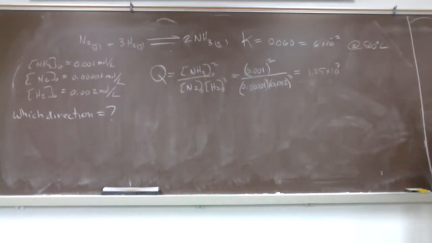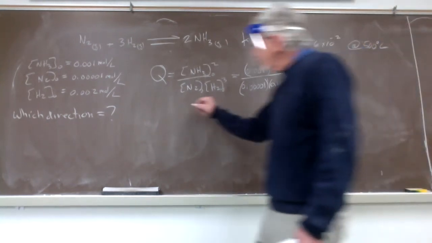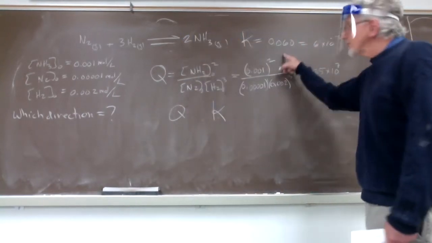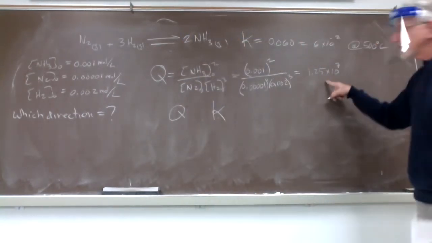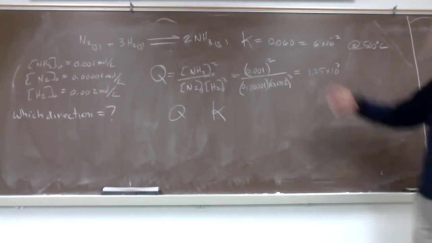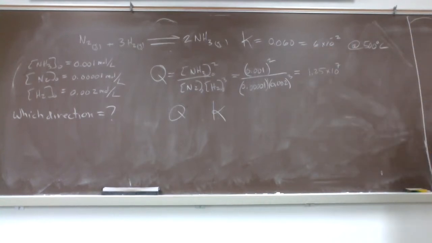Which direction is this reaction going to run? Or is it at equilibrium already? Definitely not at equilibrium. We've got to compare Q and K. K is 0.06, and this is 1.25 times 10 to the 7th. This is 12.5 million, and that is 0.06.